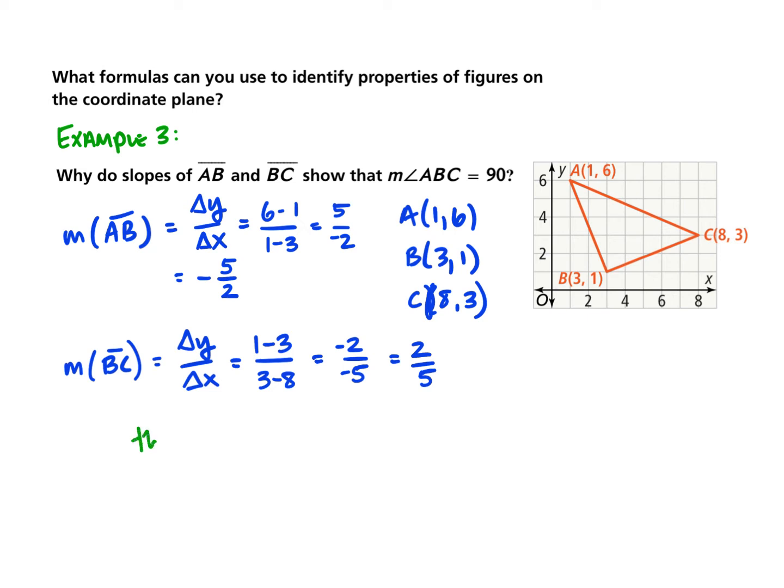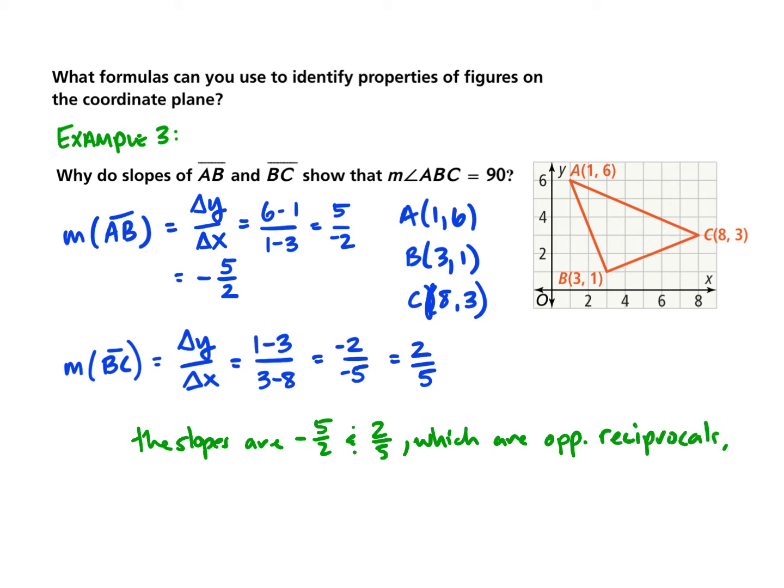The slopes are negative 5/2 and 2/5, which are opposite reciprocals. Therefore, segment AB is perpendicular to segment BC, and the measure of angle ABC would be 90.